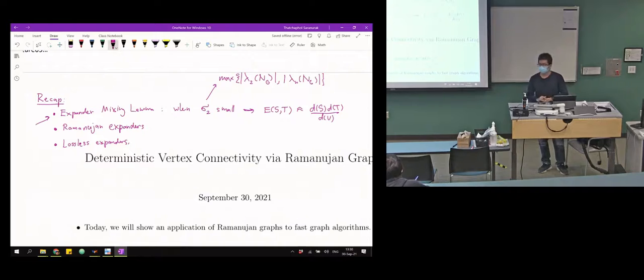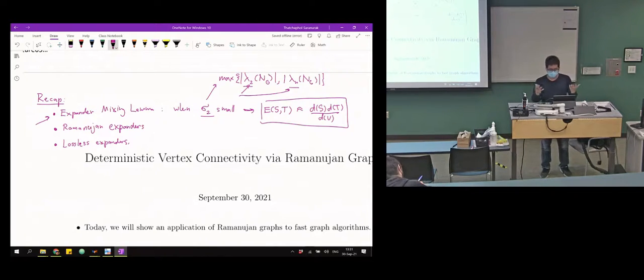Basically, what it says is that when your graph has small sigma 2, where sigma 2 is the maximum of lambda 2 and lambda n, so all of the eigenvalues in absolute value are small, then for any two sets, the number of edges between the sets is similar to how it looks in the D product graph.